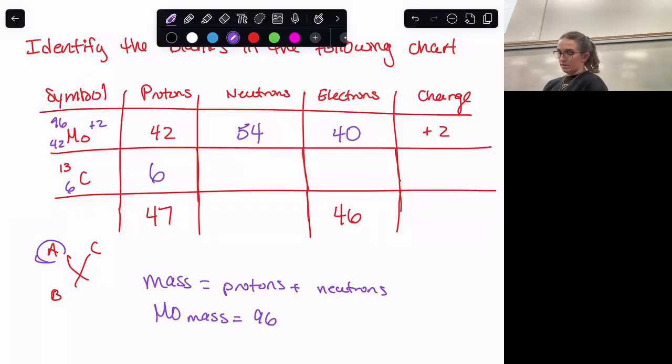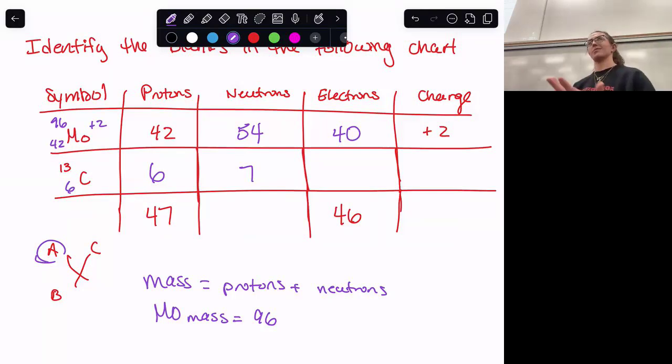So if we know we have 6 protons, how many neutrons do we have? This one is 7.